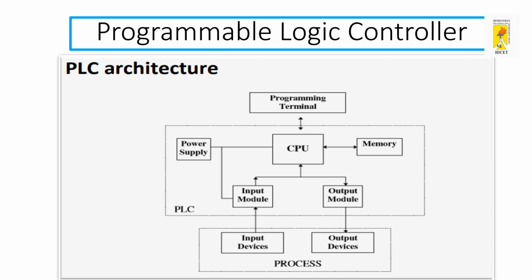You have a memory where all the data is stored, and the processes are carried out by input devices connected with the input module, and the output devices are connected with the output module. There's a programming terminal where the set of instructions is passed in and out of the CPU. So this is the simple schematic representation of the architecture of PLC.